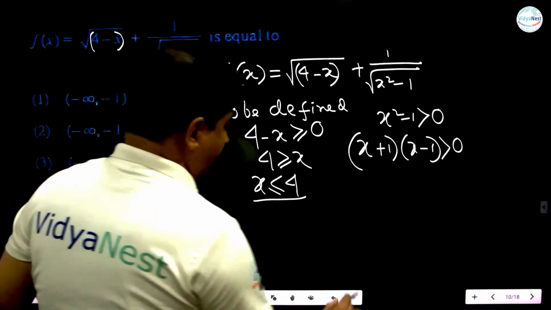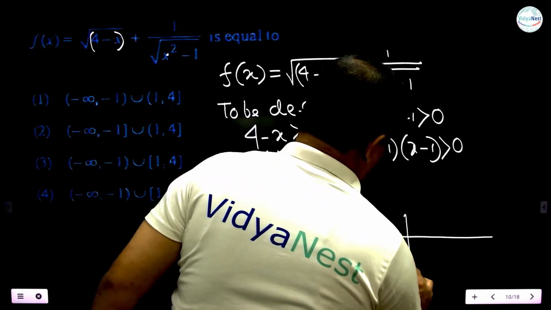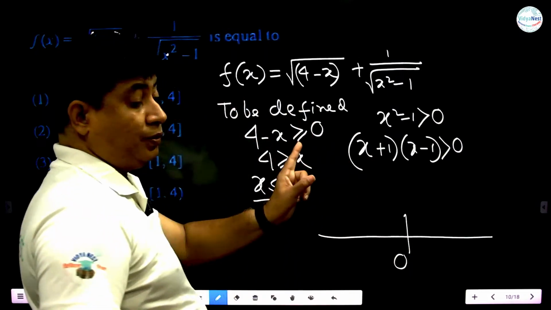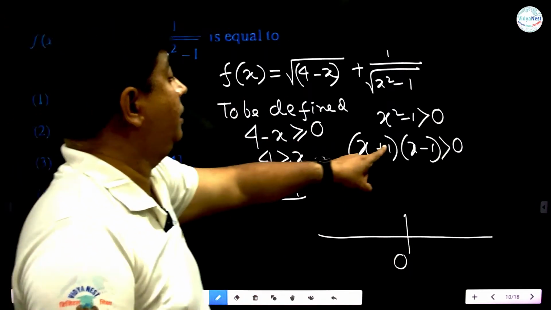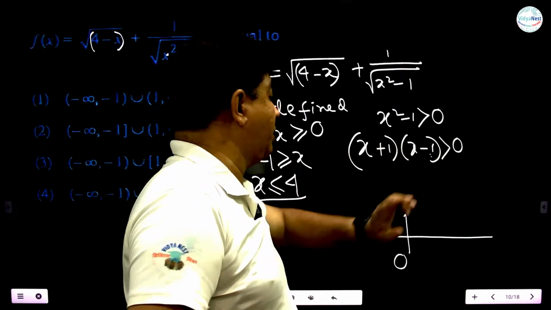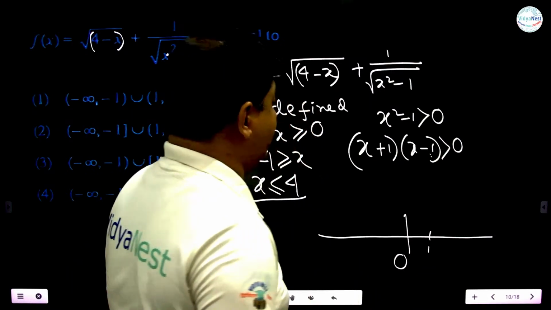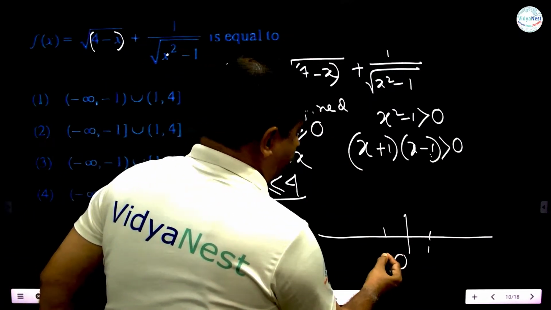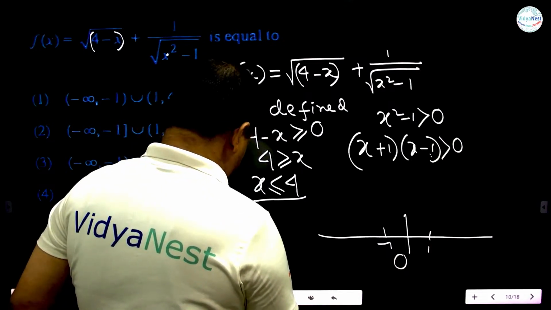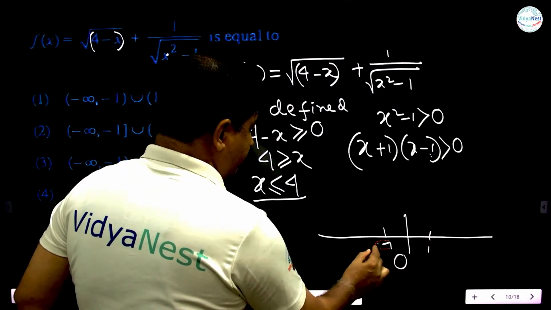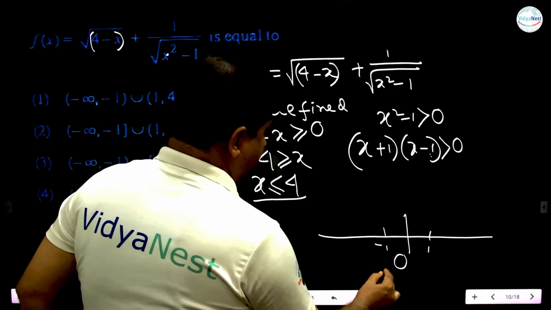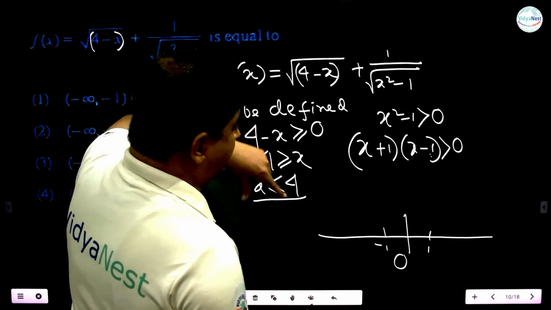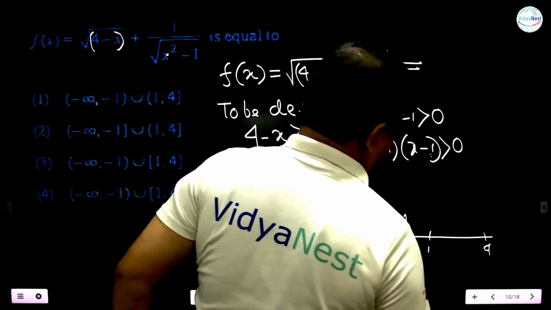See, that is number line. What points are visible? If I make this factor equal to 0, then x is equal to 1. If I make this factor equal to 0, x is equal to minus 1. If I make this factor equal to 0, x is equal to 4.